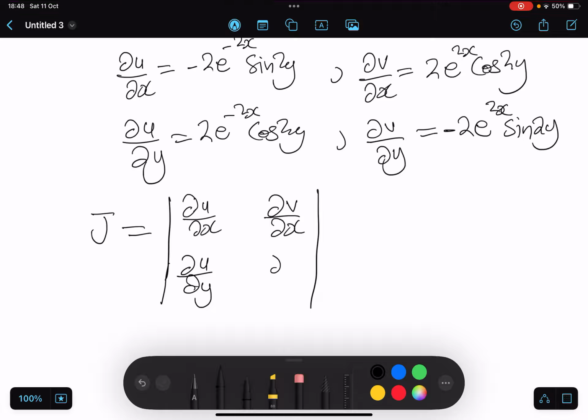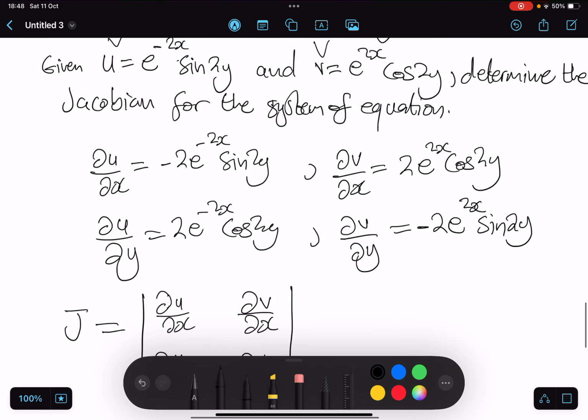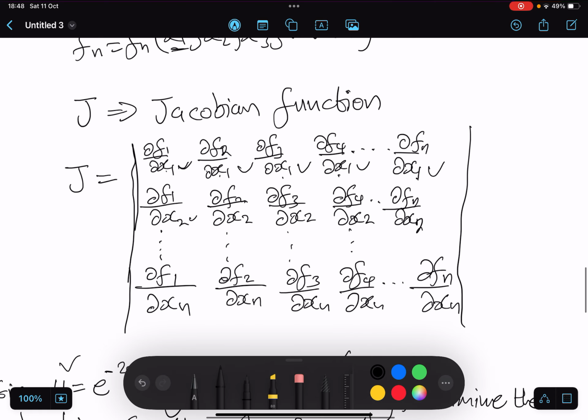Remember when you're looking at this function, it was x1, and we were differentiating with respect to x1, which means here we are differentiating with respect to only one variable, x. And then the second row, it was x2.